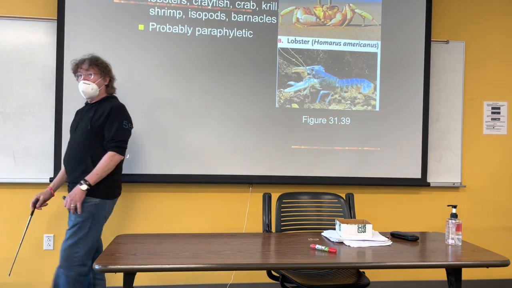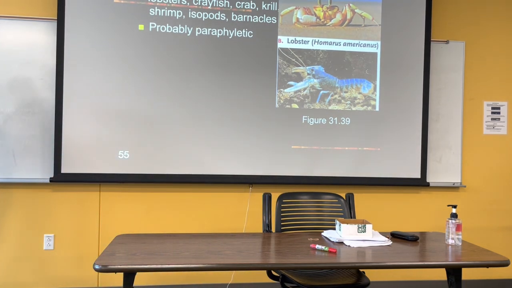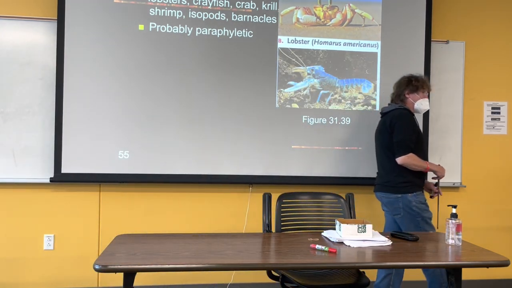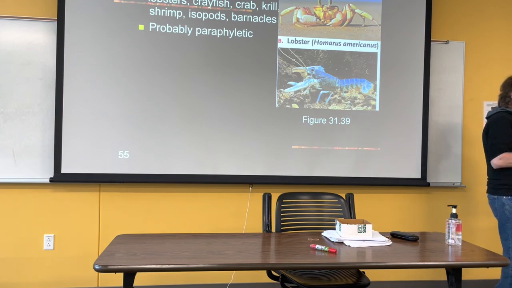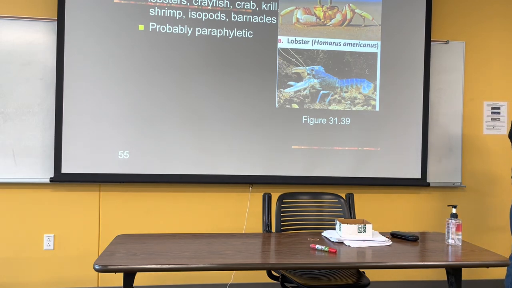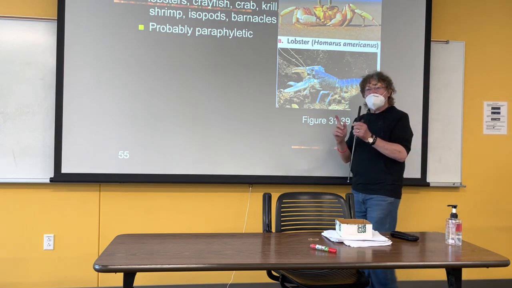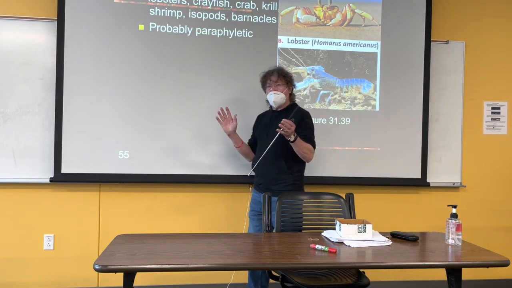There's enough evidence now that what makes it paraphyletic is the exclusion of the insects, because insects have arisen within the pancrustacean. In other words, there's one subclade of crustaceans that appears to be the sister group to the insects, and we don't need to worry about what that group is.